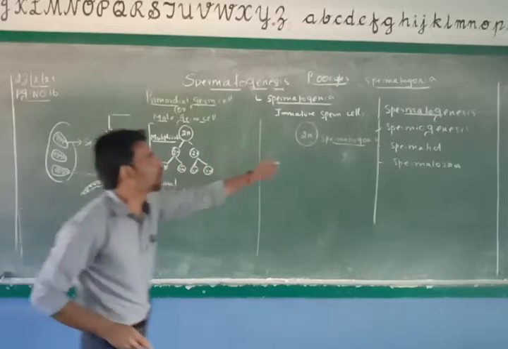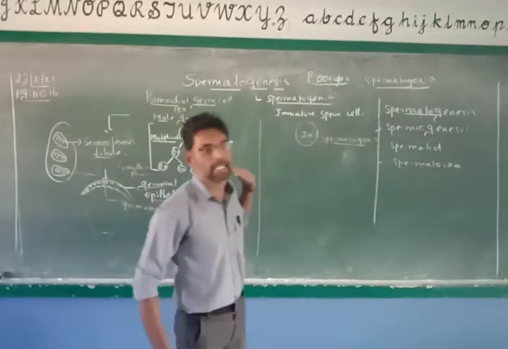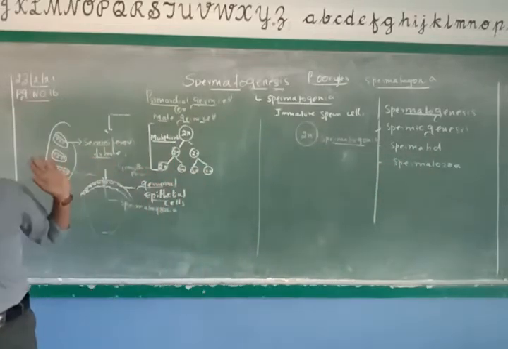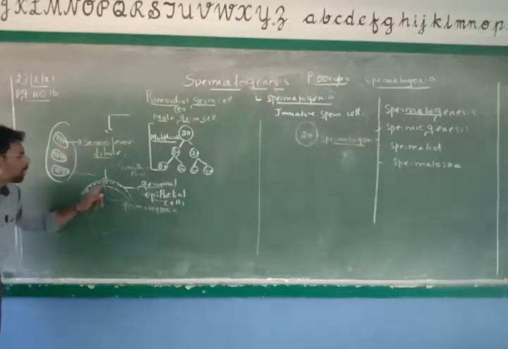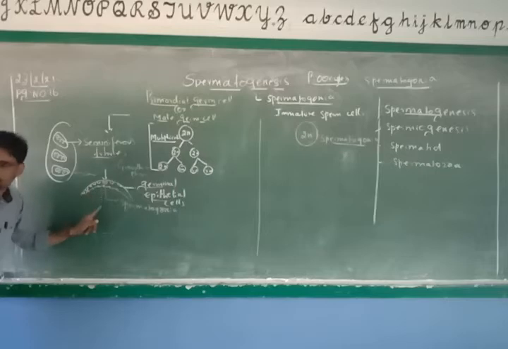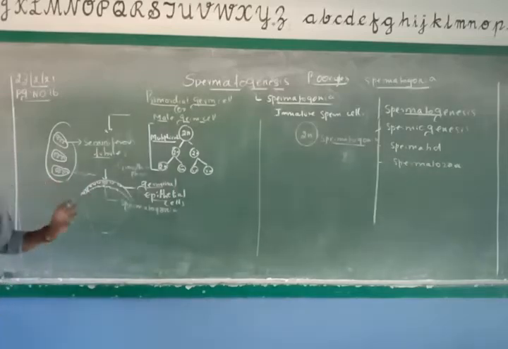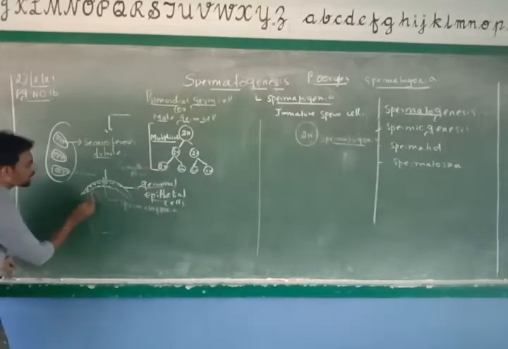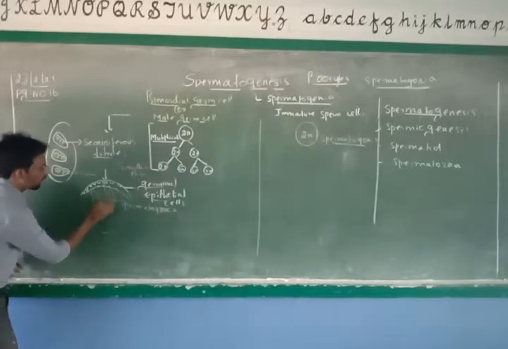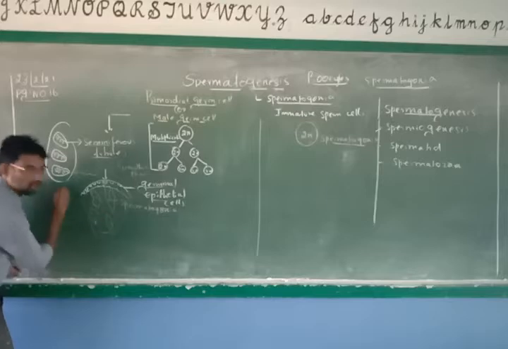That means spermiogenesis also will be completed. Now, one more thing you remember. Whenever the spermatogonia is entering inside, it alone will not enter inside. Inside, you will have these kind of cells like this.